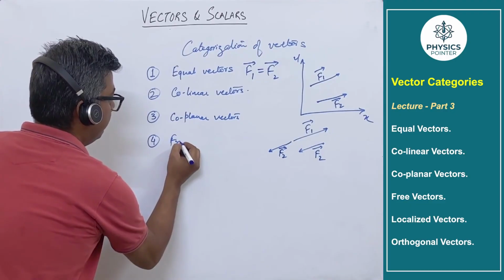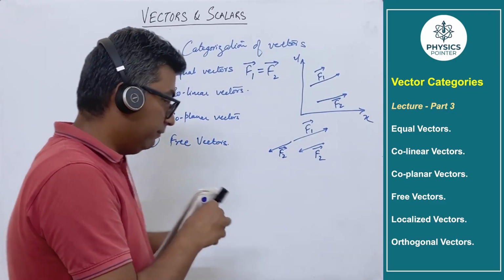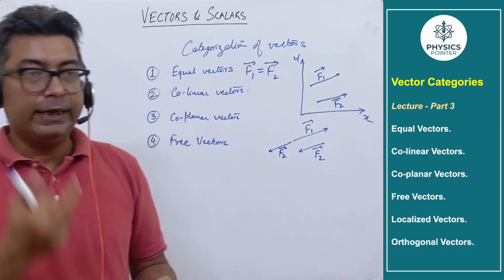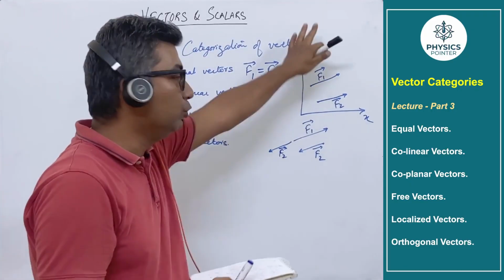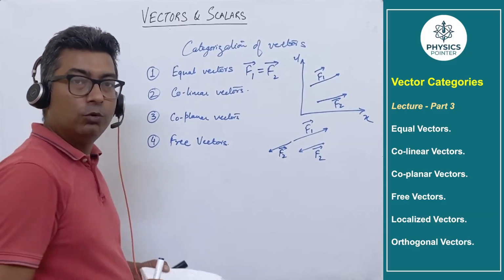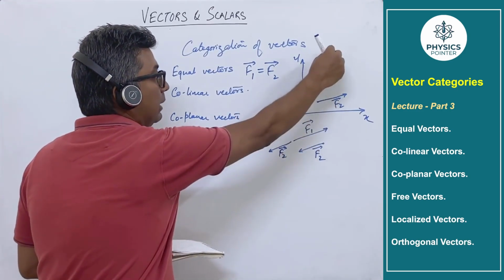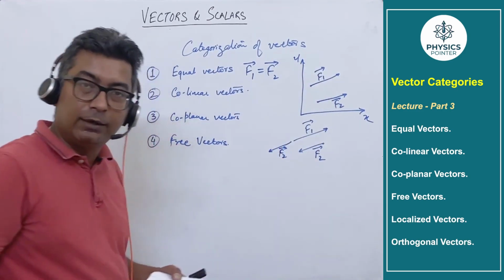Fourth is free vectors. Free vectors are something which can be drawn at any position. They are not bound by a particular origin point. I can drag it to some other location. I can move the origin to another location.